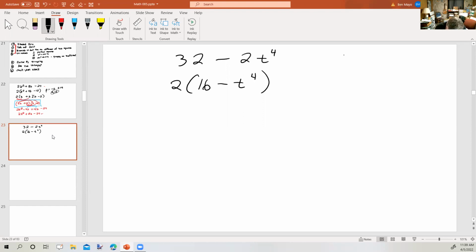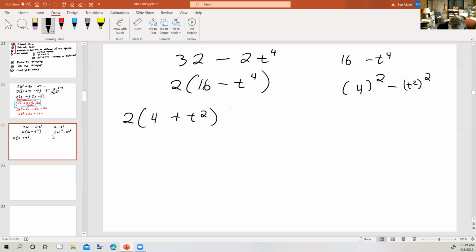Now we can take 16 minus t to the 4th and write it as 4 squared minus t squared squared. So we get 2 times 4 plus t squared times 4 minus t squared.